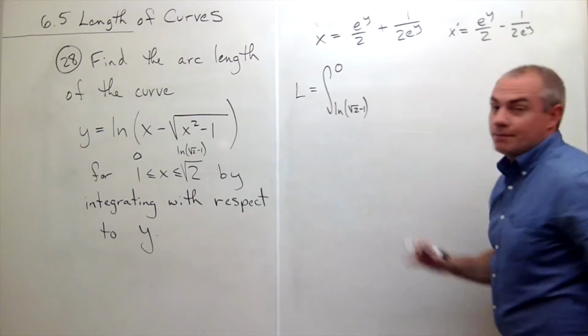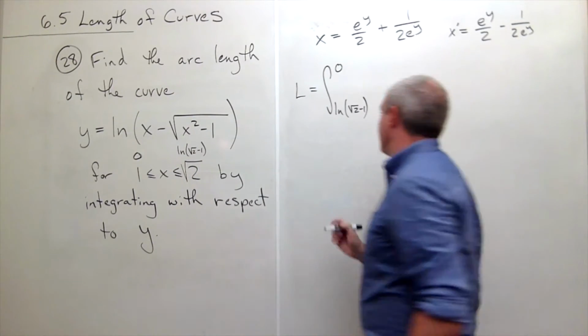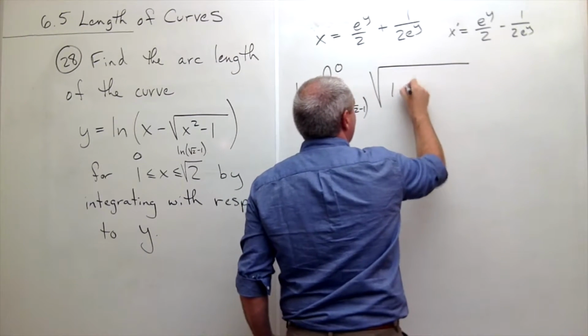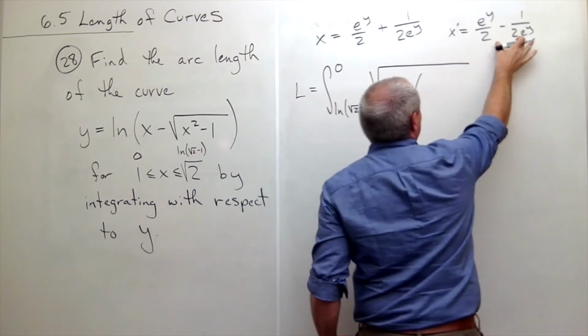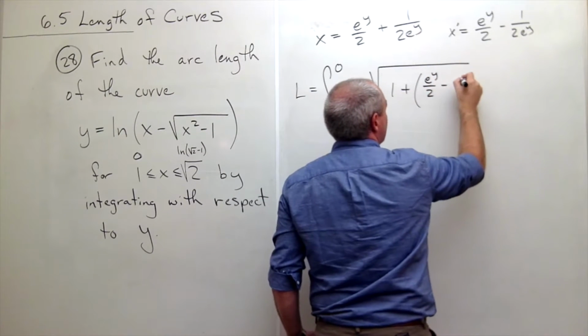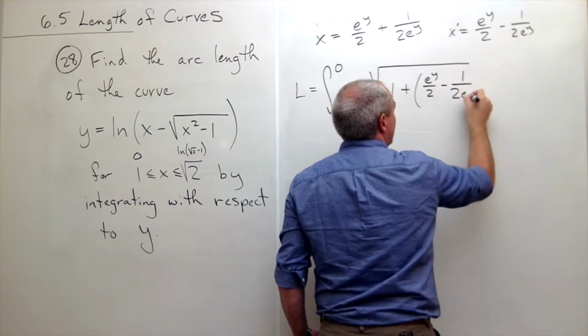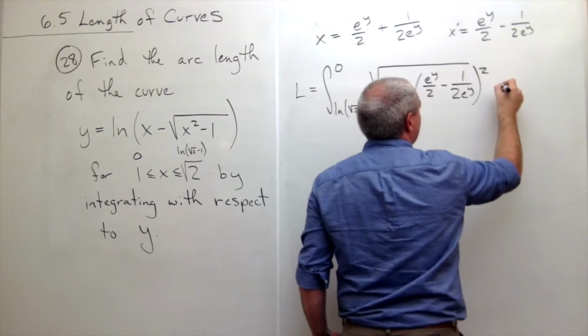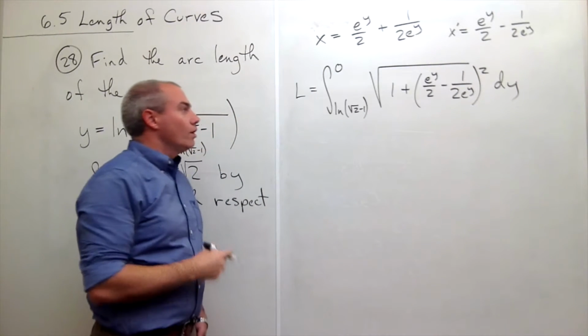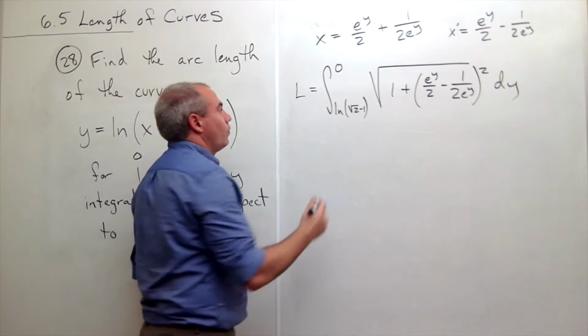And now we're ready to put in our arc length formula, which is the square root of 1 plus the derivative, which we have right here, e to the y over 2 minus 1 over 2 e to the y, squared, dy. Okay, let's work on this a little bit.